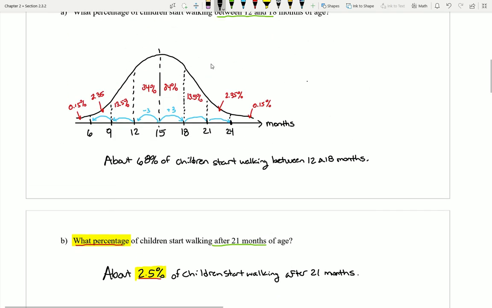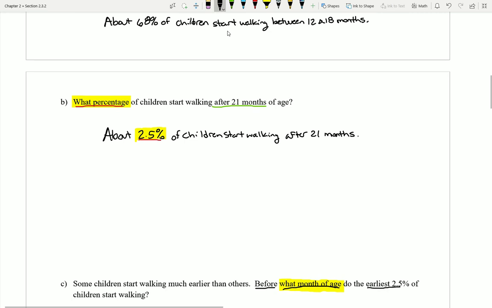Before what month do the earliest 2.5% of children start walking? Well, we got it. Notice that if, again, I was to look down here, that's an early 2.5%, and it stops right when I hit 9 months. So I would write my conclusion to this question as follows.